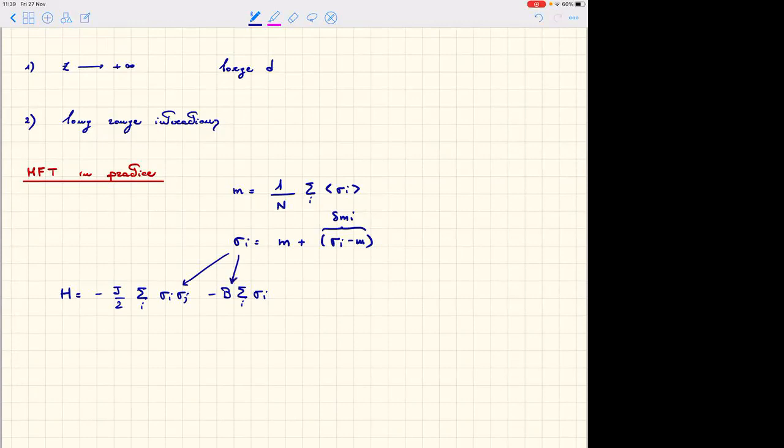So in particular, we'll get that sigma I sigma J is equal to M squared plus delta Mi sigma J plus delta Mj sigma I plus delta Mi delta Mj.